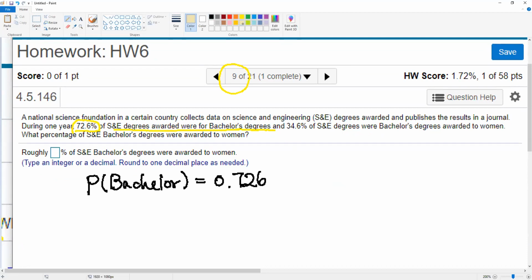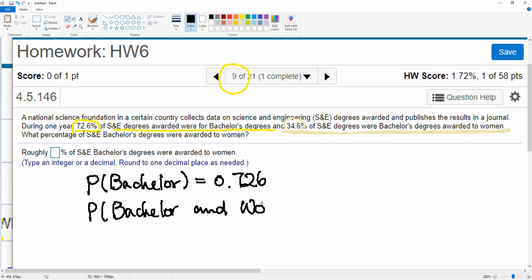And now we have another probability. It is not clear what that is, but actually that is the joint probability. I mean, it is the probability of the bachelor and it's a woman, the joint probability, which was 0.346.